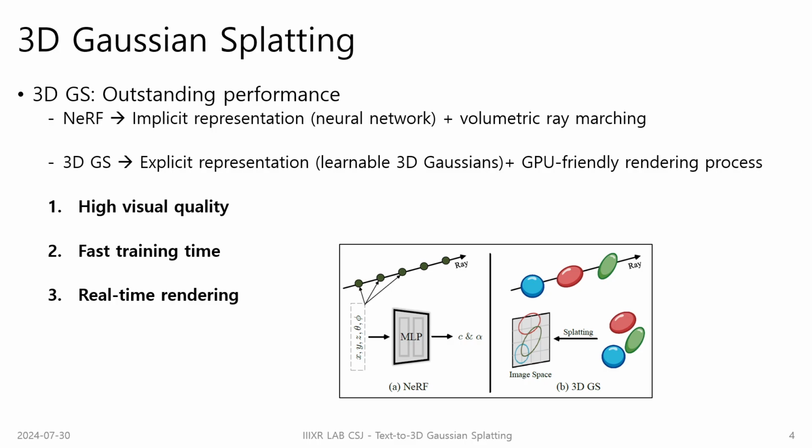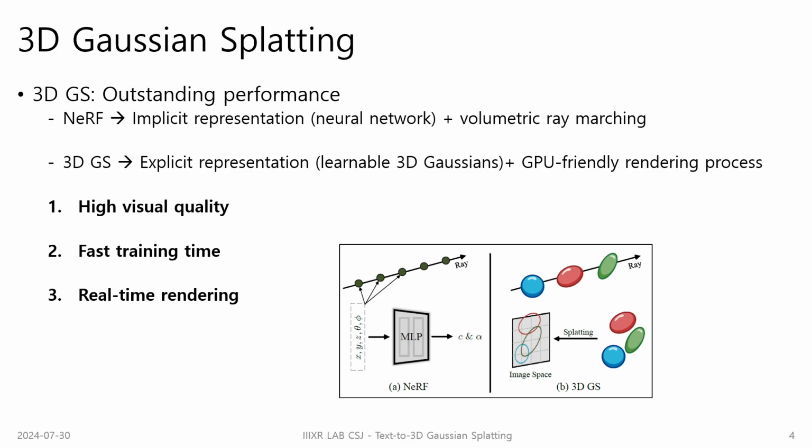In previous research on NeRF, given multi-view images, the method reconstructs a 3D scene by representing the geometry and colors of the scene using a neural network. This implicit representation is differentiable and compact, making it easy to train and capable of generating high-quality 3D scenes.